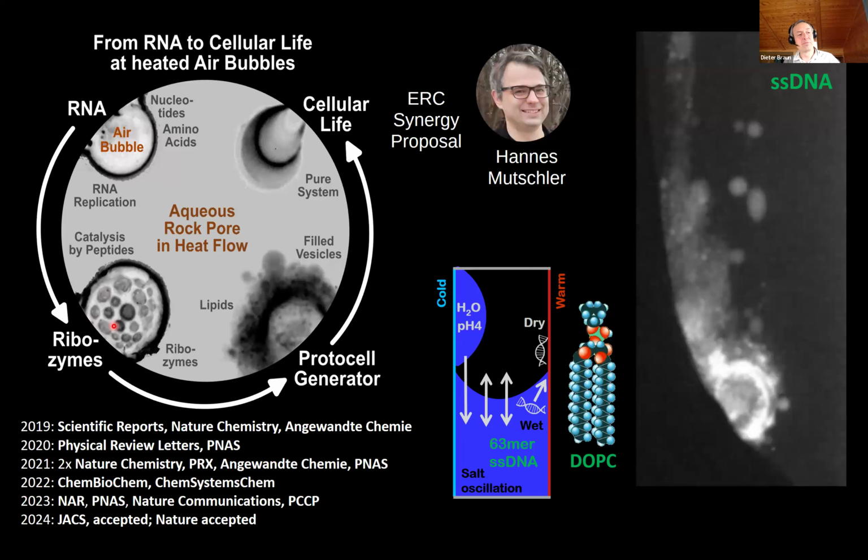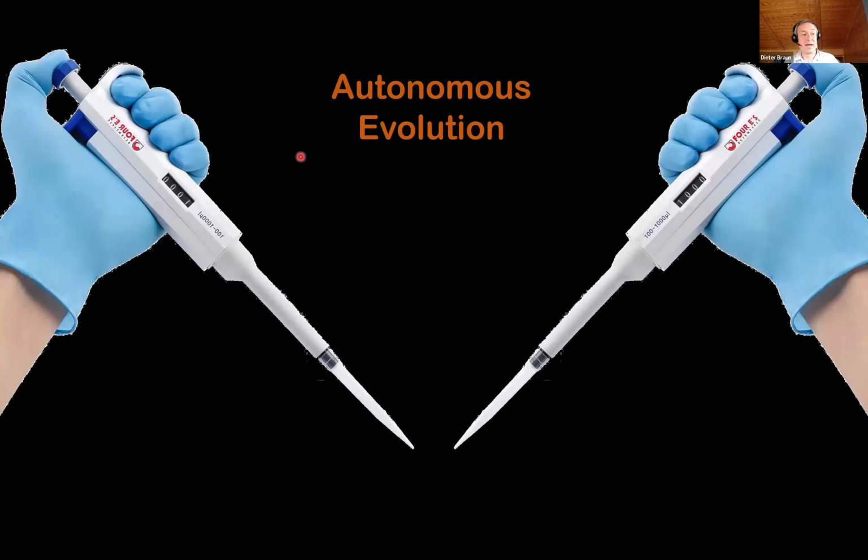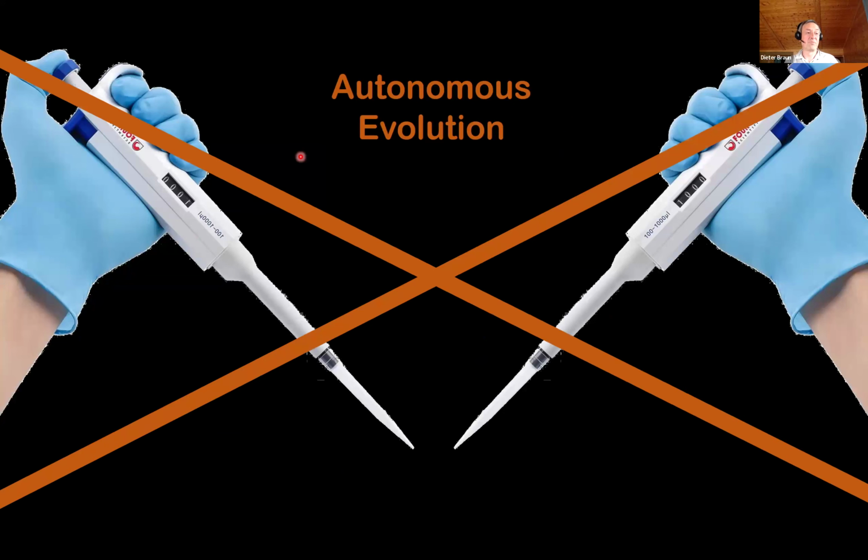Have the ribozymes or other more complex structures emerge, have the lipids together, pull it up into vesicles, and eventually even go towards modern systems. So all of that, and that's the important thing, without pipetting.